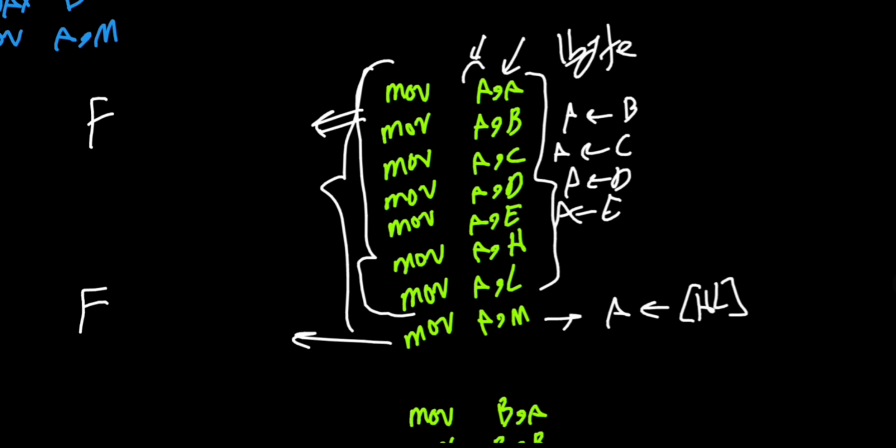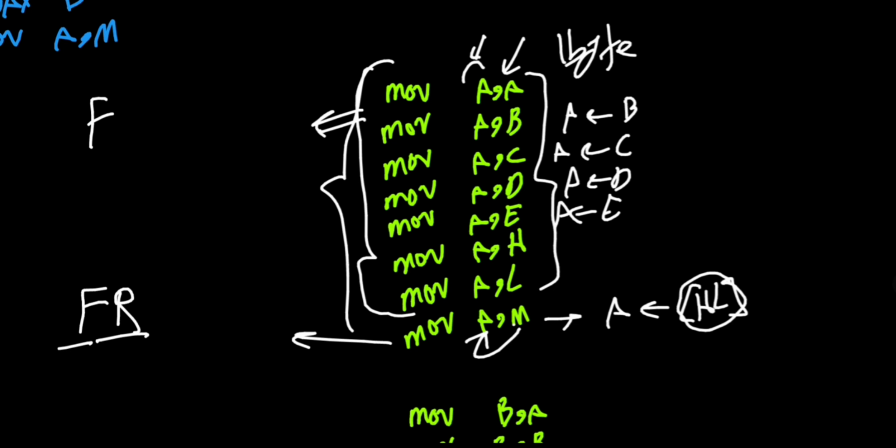The first is fetch, and then the CPU needs to read the data from the memory by putting the contents of the HL register pair on the address bus, and one memory cell is selected. The data in that memory cell is read into the A register. So these 2 steps are F and R.